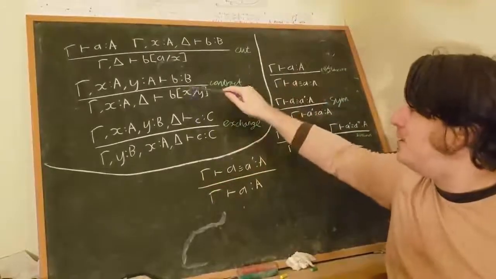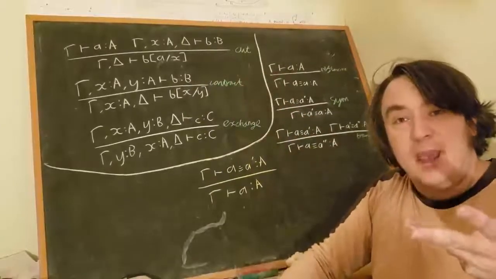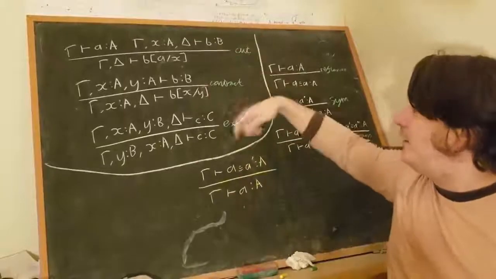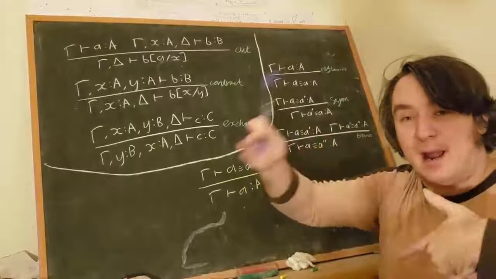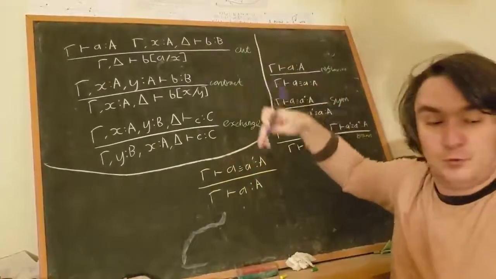It doesn't matter here because we're just replacing one variable with another, but there are other cases which involve substitution, and if you don't want to get yourself tied in logical knots, you've got to watch out for these bound variables. So yes, I wanted to briefly mention these other structural rules.